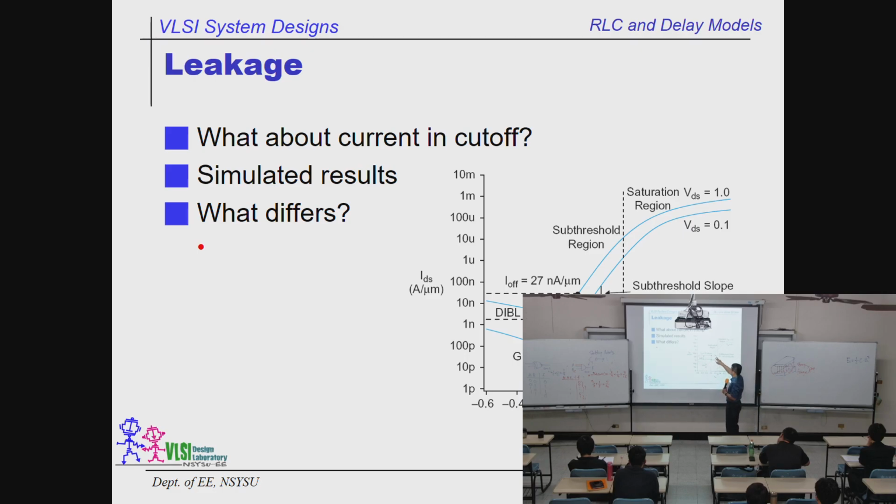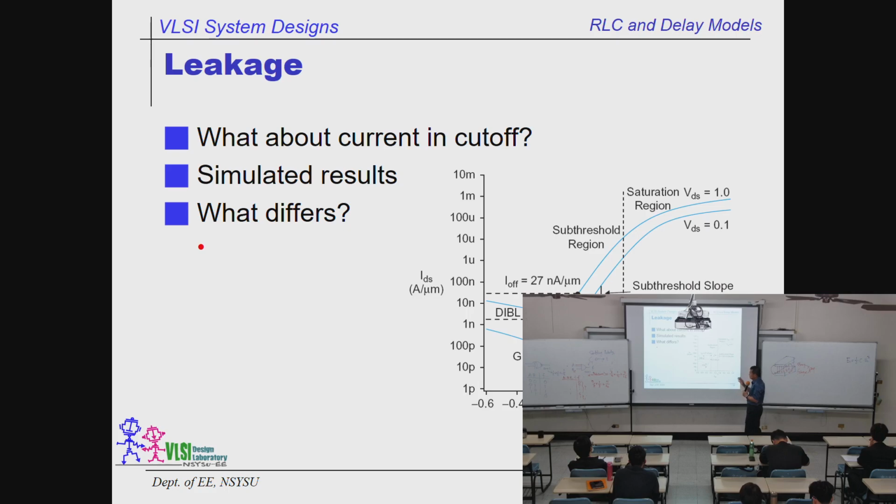And remember the region that I mentioned is called the subthreshold region, where we accidentally increase VG, the voltage at the gate, and the gate is a bit open, so we have a small current going around here.